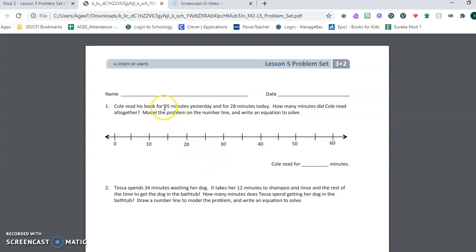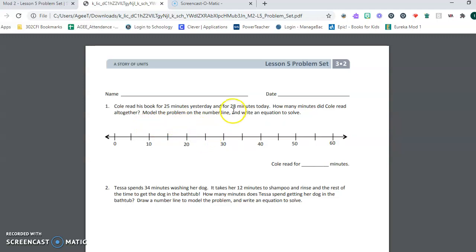Now, when we're using the open number line, using the My Best Friend 10 strategy will really help you do this quickly and accurately. So I'm thinking, okay, I'm going to start at 25. Well, I'm really going to start at 0 because Cole started at 0 yesterday. He read 25. So I'm just going to jump straight to the 25 here.